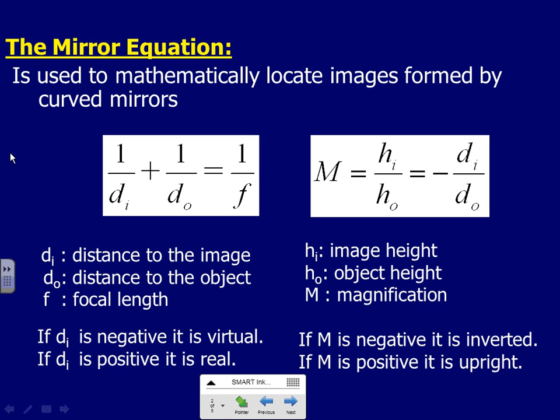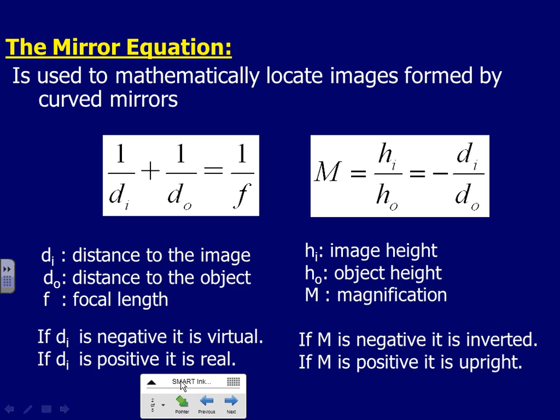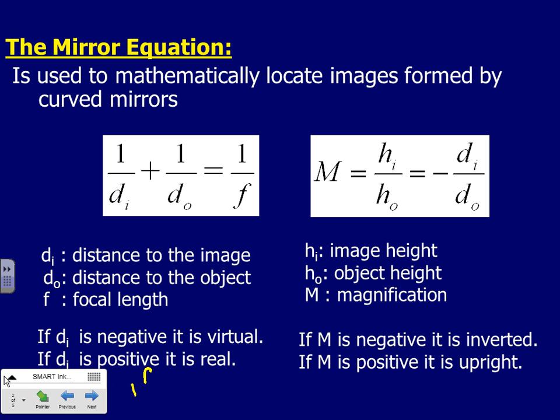Okay? One other sign thing that I want to add to this that isn't on here, so I'll add it at the bottom. If f is positive, you might think f is always positive, but not necessarily. If f is positive, it's a concave mirror with the real focus out in front.